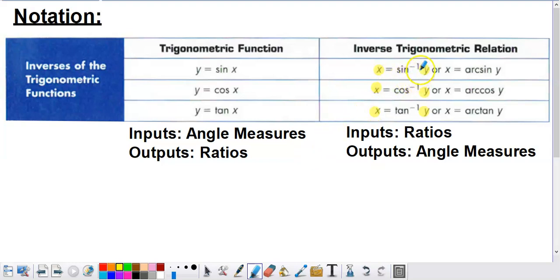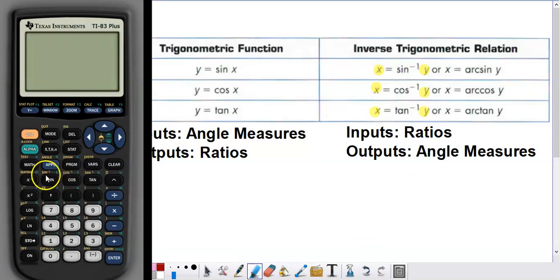In the spot where we would normally look for an exponent, when it's a -1 on a sine, a cosine, or a tangent, it does not represent an exponent. It represents the inverse. You saw my calculator. My calculator uses that exact same notation: inverse sine, inverse cosine, inverse tangent above the sine, cosine, and tangent keys. If you're using your calculator, which I'm sure at some point the majority of you will be doing in some course, you're going to have to recognize these as the inverse trig functions.